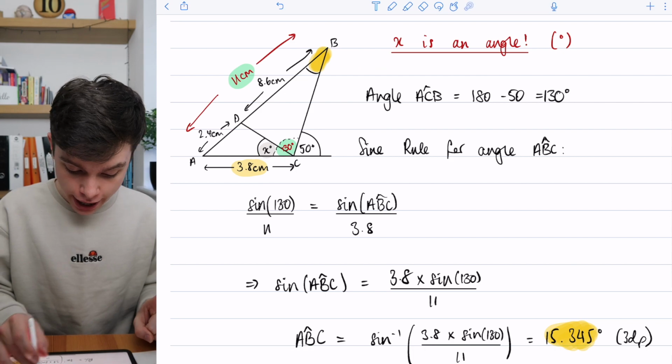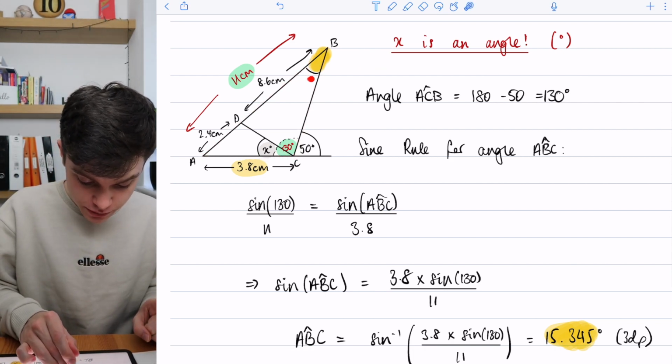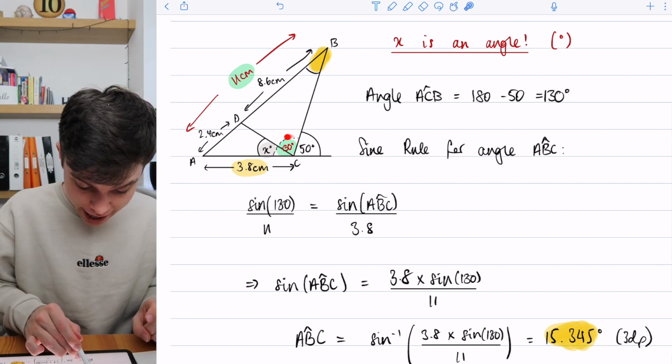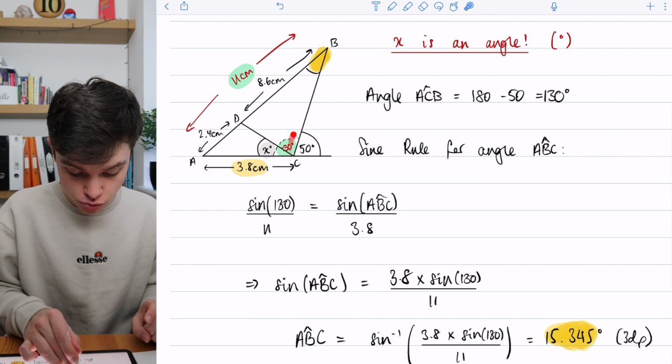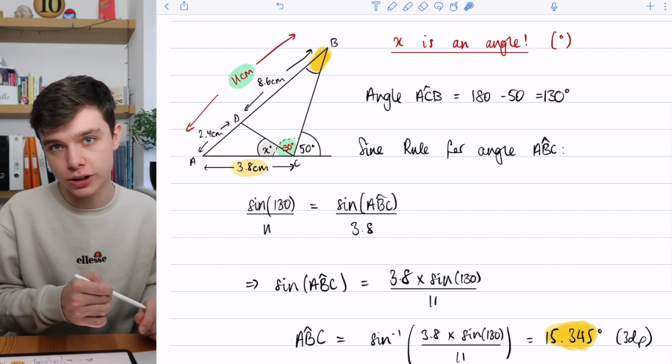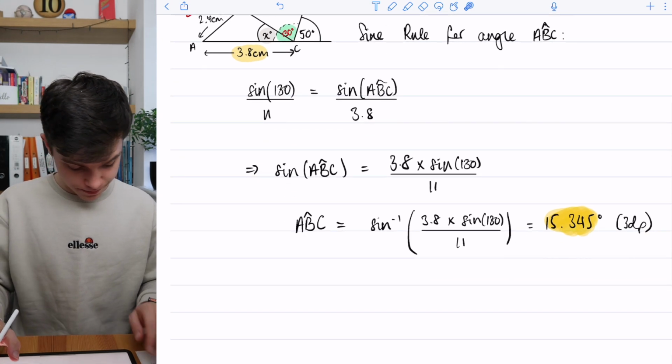We can work out angle A because we can look at this triangle and say we know what this one is, we've just worked it out, we know what this angle is, and so I can just take away from 180 the sum of these two, because the angle sum of a triangle is 180 degrees.